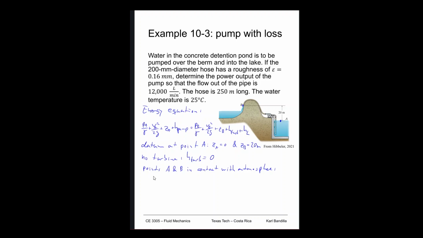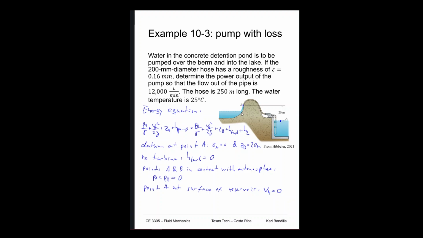Which of course means that PA is equal to PB is equal to 0. Also know that point A at the surface of reservoir, which means it is going to move much slower than the water in the pipe there. So we'll say VA equal to 0.